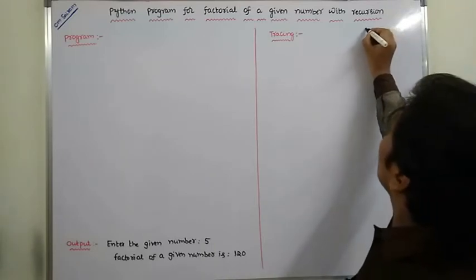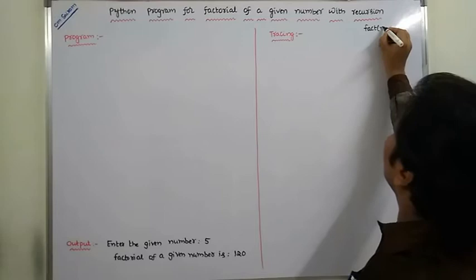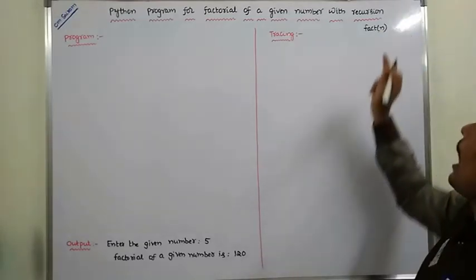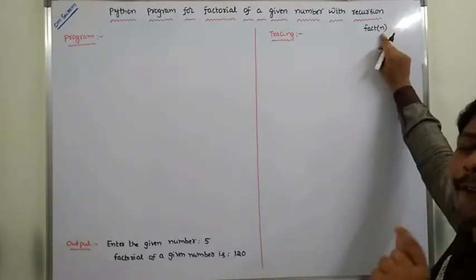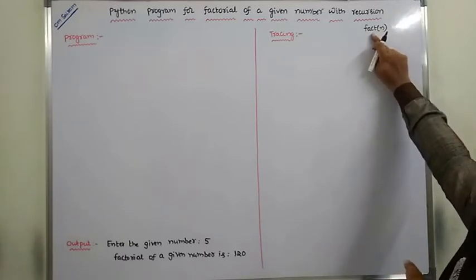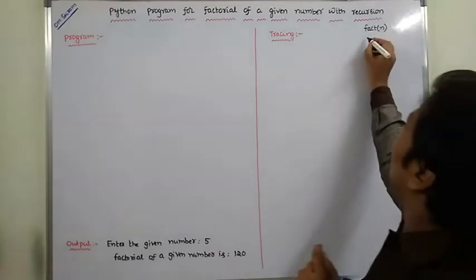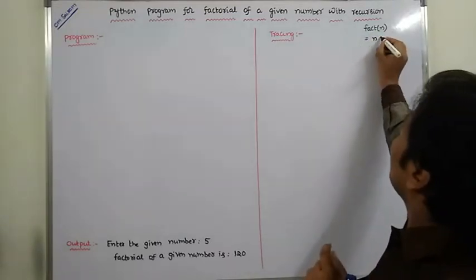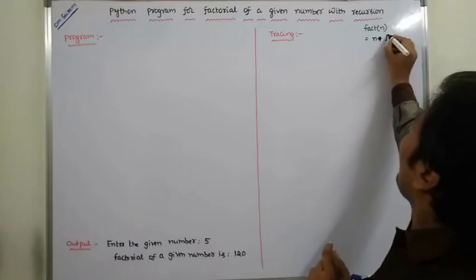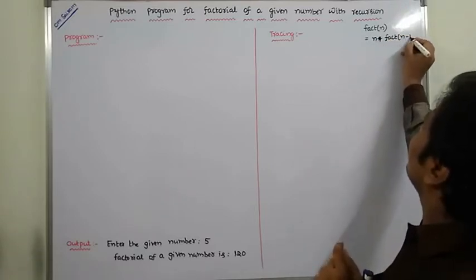So here, fact of n. That means we have to find the factorial of n by using a function called fact. It is equivalent to n into fact of n minus 1.